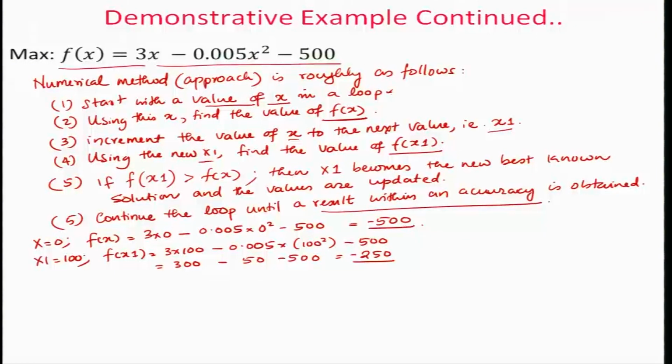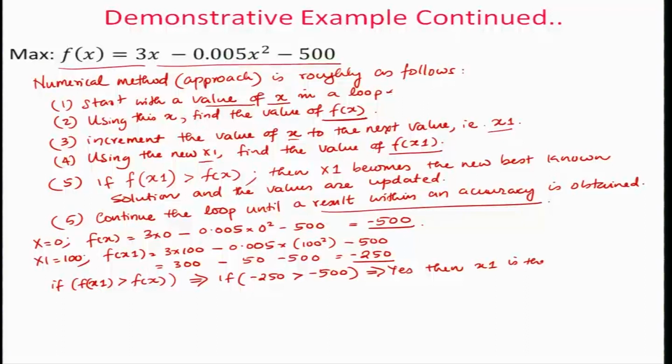Now, if f of x1 is greater than f of x, implies if minus 250 is greater than minus 500. Is this correct? Yes, this is correct. Then x1 is the new best.